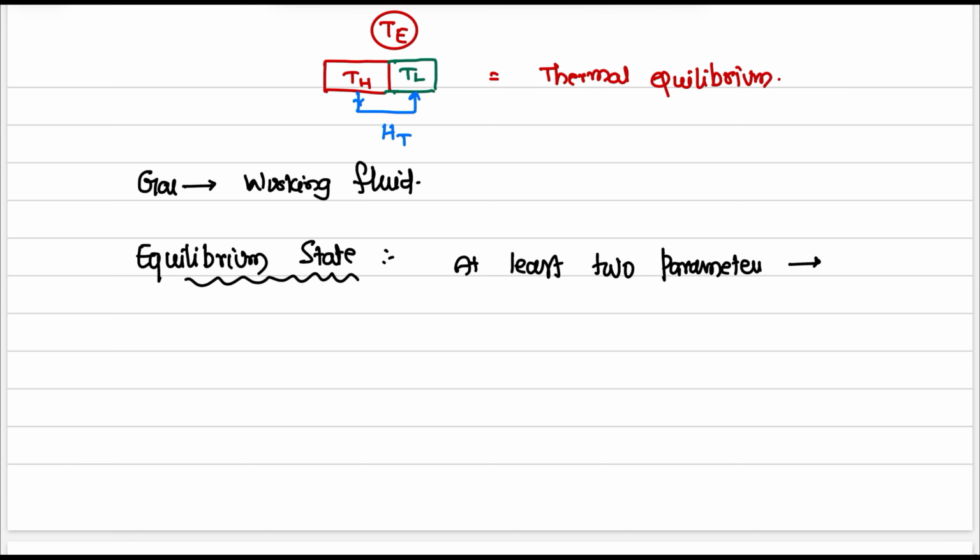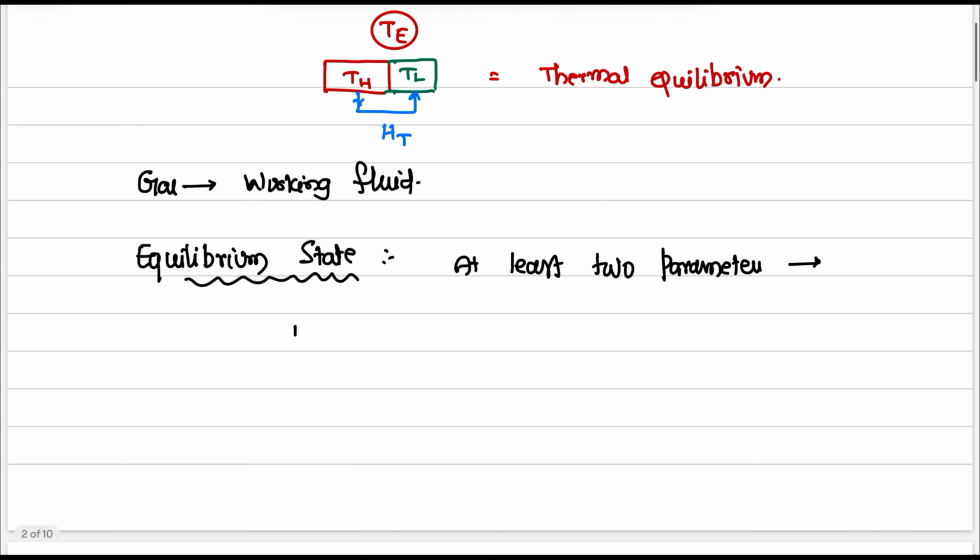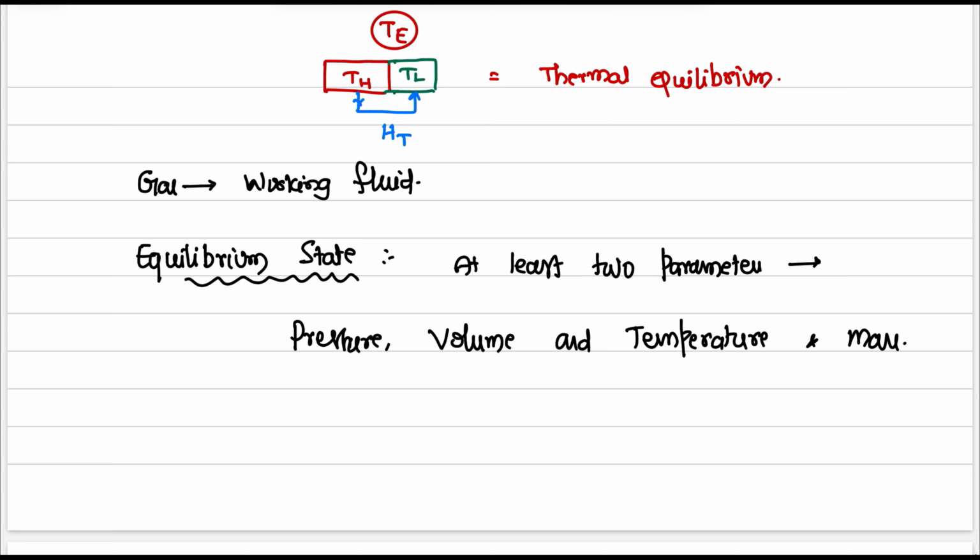There are various parameters we have discussed in the previous lecture, thermal properties. We will confine ourselves to pressure, volume and temperature and mass. If you use specific volume, what is specific volume?